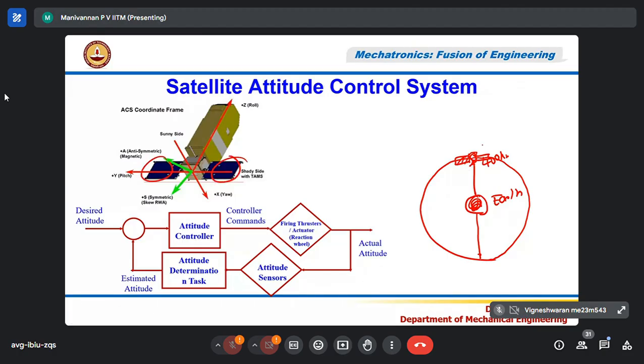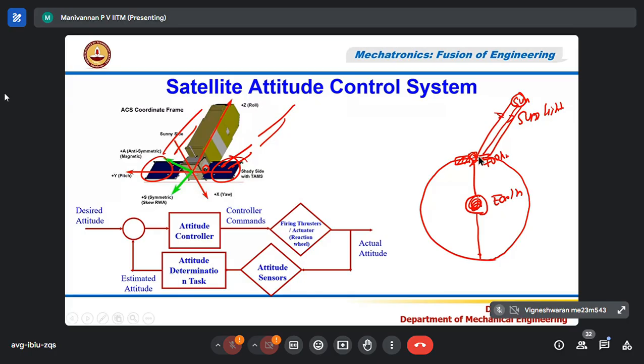Please see that solar panel. This is my sun. The sunlight should always fall on the solar surface, this top surface. So the solar panel also will be rotated such that it is always facing the sunlight.